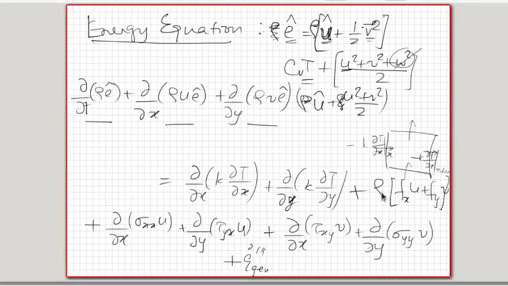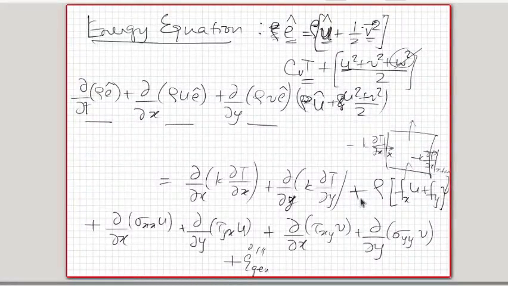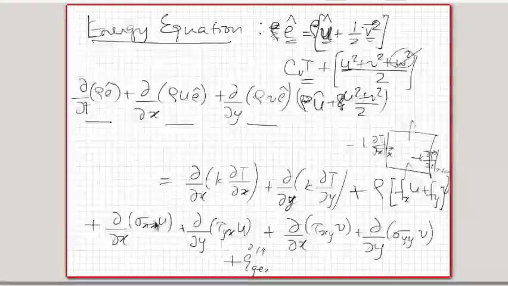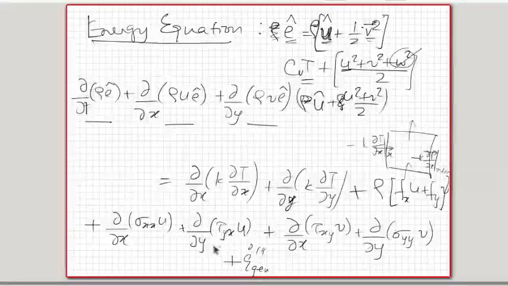This term has rho fx u and rho fy v, and the corresponding term in the other equation is also the same, so they would get cancelled out. The other terms you can split into u del by del x of sigma xx plus sigma xx del u by del x and so on. So the u del by del x of sigma xx term would get cancelled, and sigma xx del u by del x will remain, tau xy del u by del y will remain, and so on.